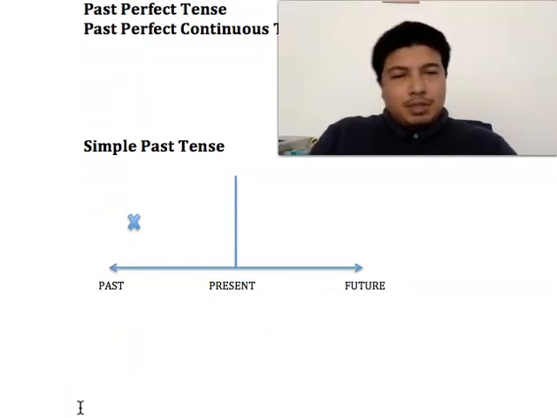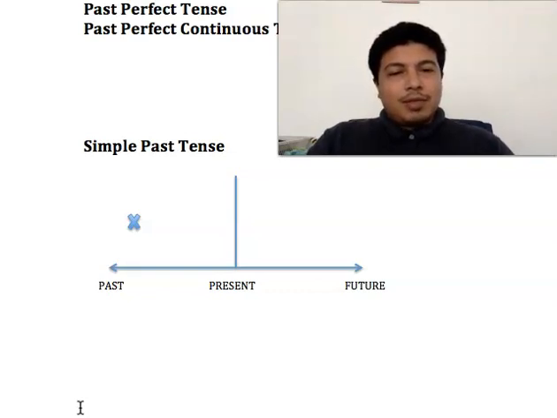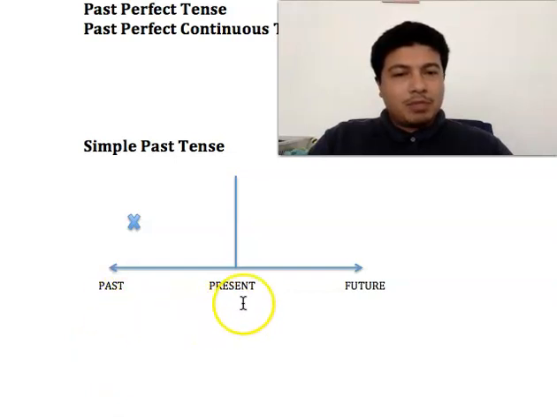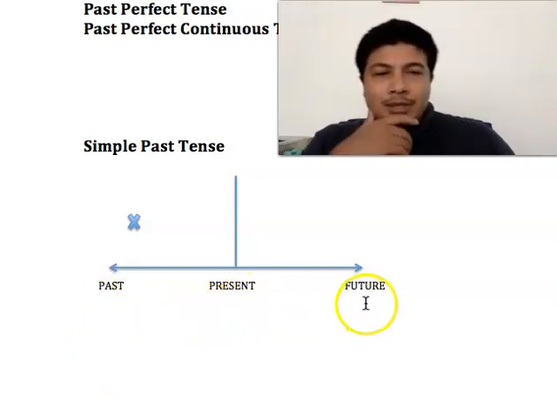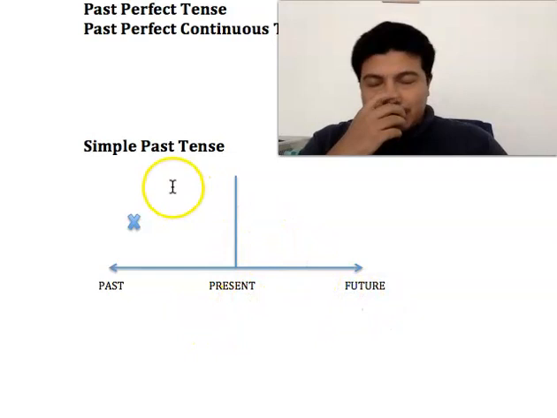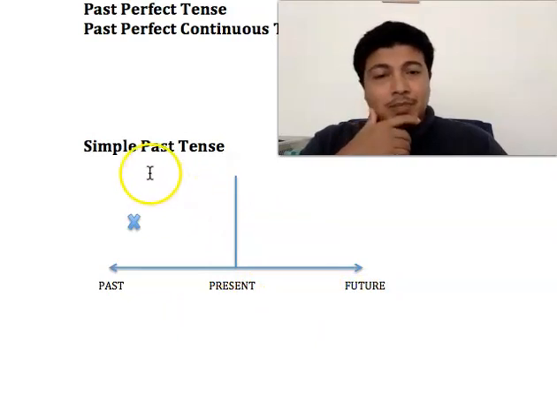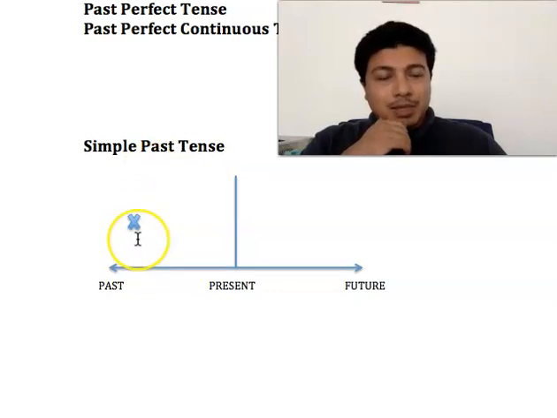So this is basically the chart for simple past tense. We have a timeline here: past, present, and future. When we talk about simple past tense, it happened in the past.